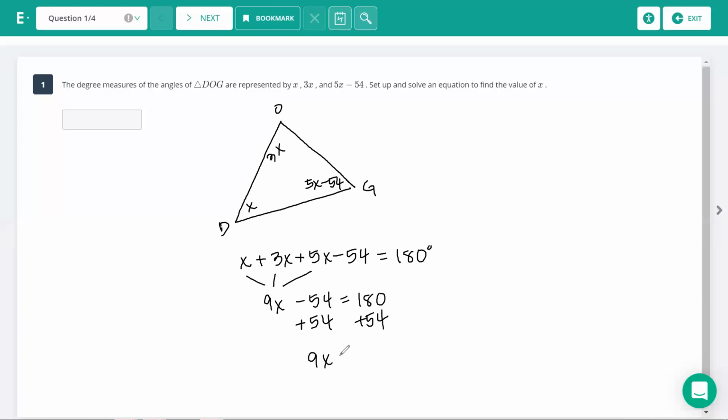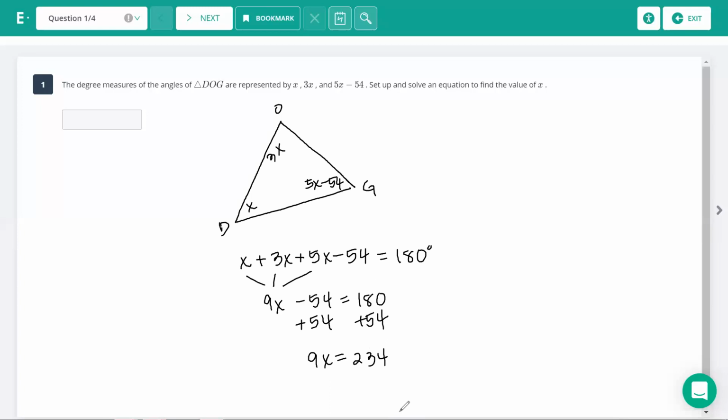So I get that 9x is equal to 234. Now that I'm left with this 234, I need to divide it by 9, because remember, 9 and x are being held together by multiplication.